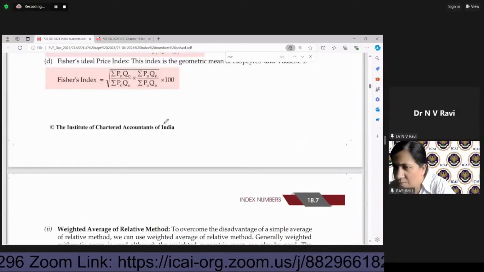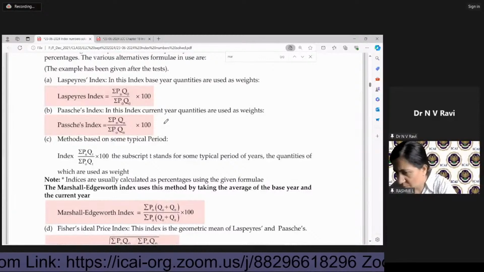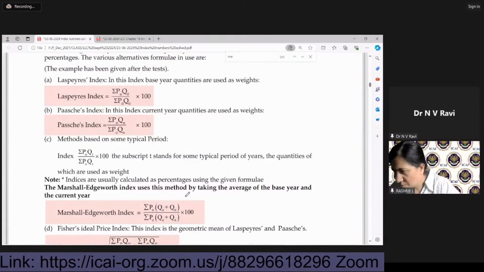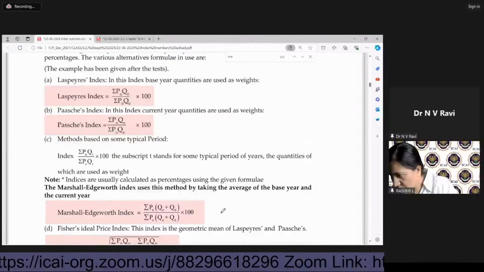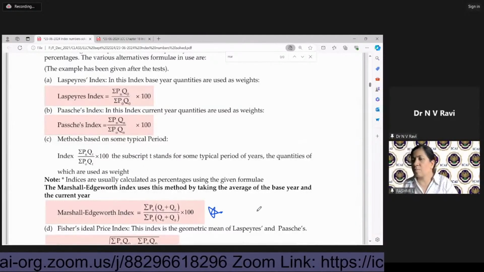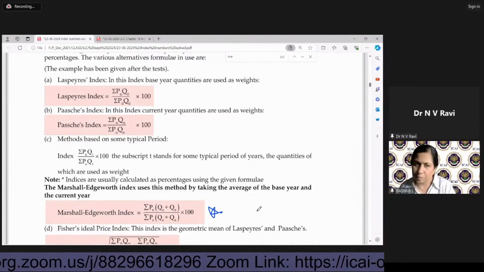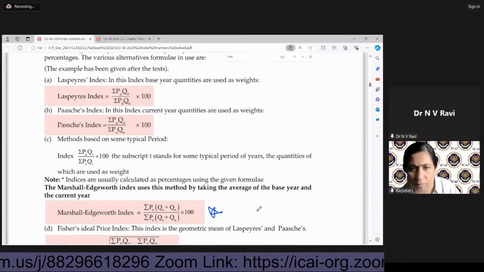Okay, very good. These kind of questions are also important. Sometimes you have to find out the Laspeyres value or Paasche's index number separately using these, and from the examination point of view, these are all important.